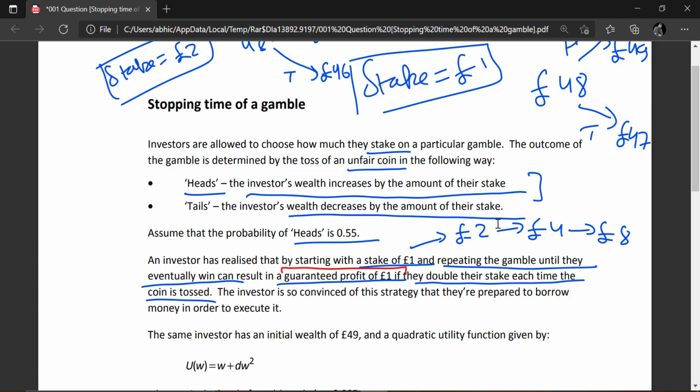The investor is so convinced of this strategy that they're prepared to borrow money in order to execute it. So if they run out of their wealth, they'll start borrowing. They want to perpetually keep on investing till they finally get a guaranteed profit of £1.